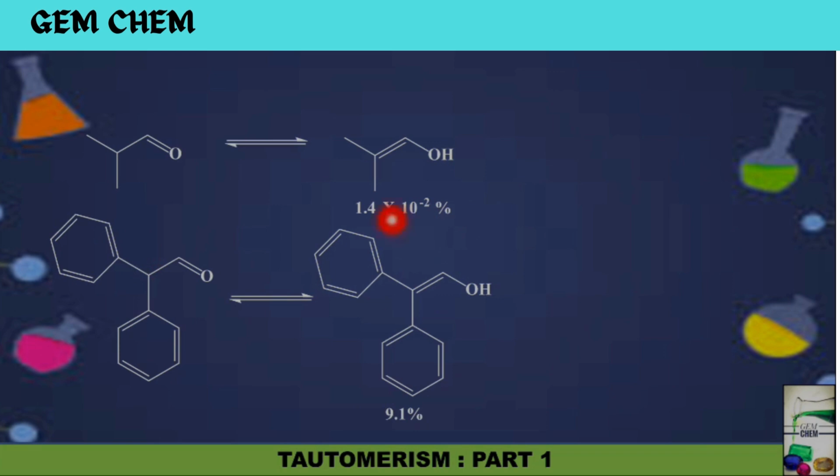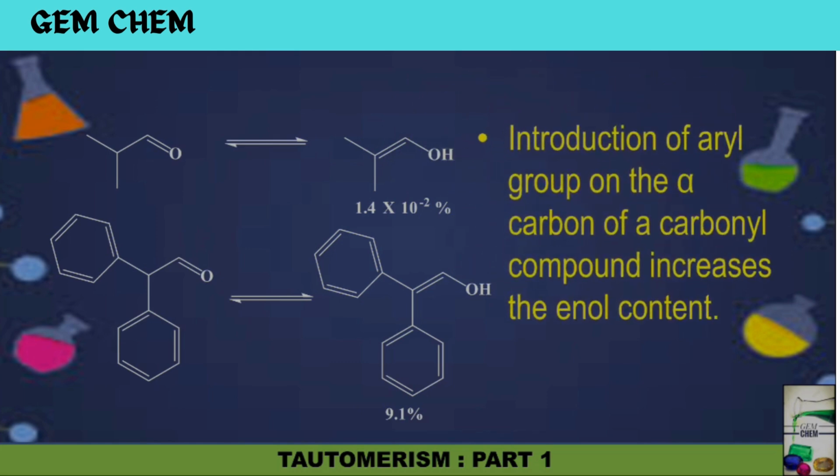Once it is in enol form, you can see here the oxygen lone pair can easily be given up. As a result, this bond can come here and this bond opens up. So this indicates resonance stabilization. From here we can conclude that when we introduce an aryl group on the alpha carbon of the carbonyl compound, the enol content increases.